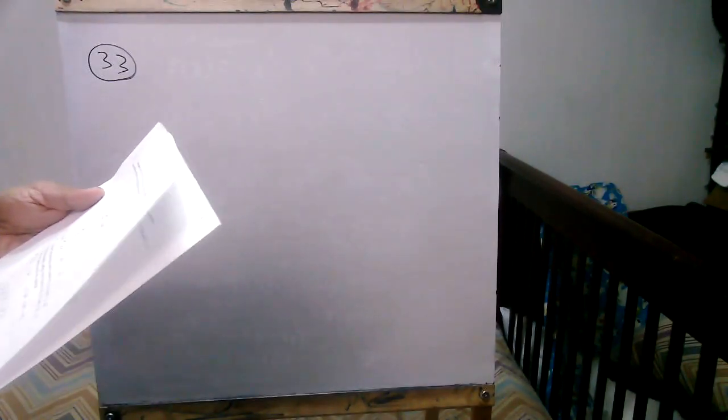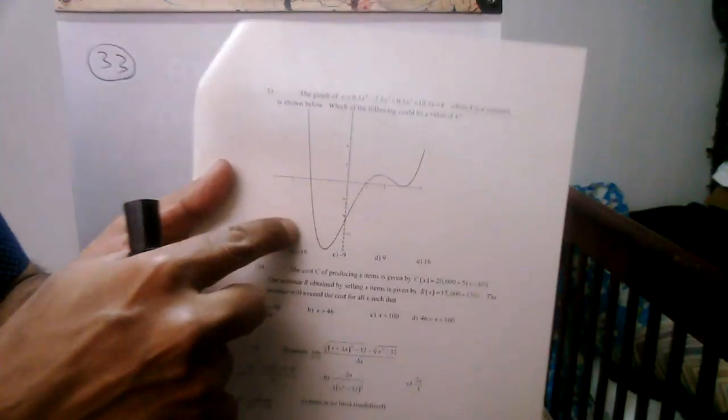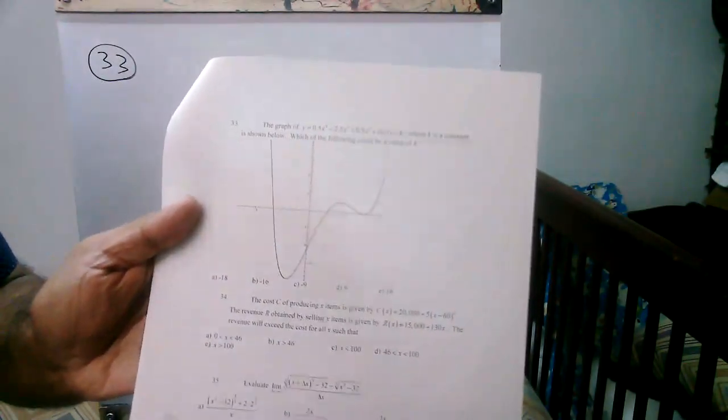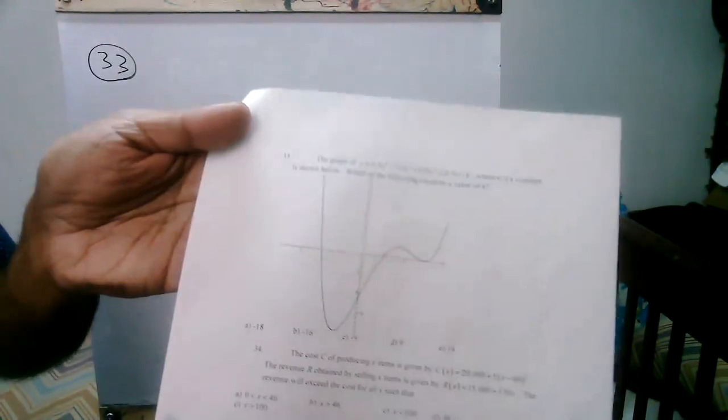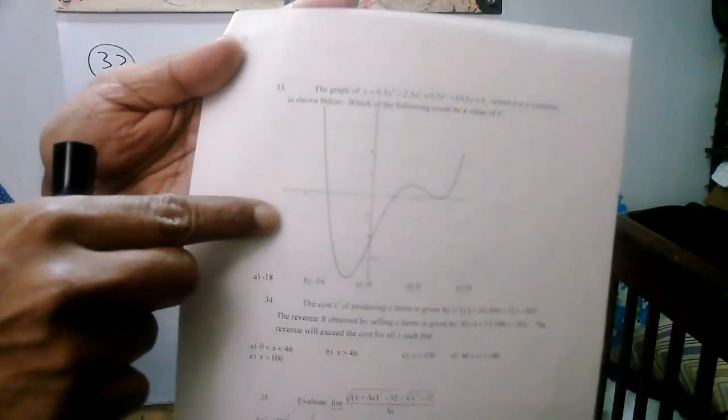Which of the following could be a value of k? This graph is given. Right? This is the question, this is the graph.